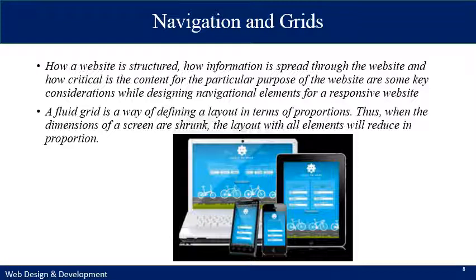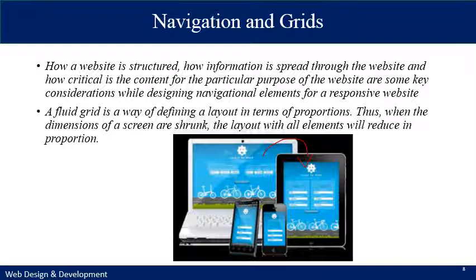Similarly, a fluid grid is a way of defining layout in terms of proportions. So you can define a grid should take 50% of your screen, or it should take a two column layout, or it should adjust the columns as per the size of the screen. For example, if the size of the screen decreases from a desktop to a tab, you can see the horizontal fluid is converted into a two column layout, and the text boxes are formed in a vertical layout.